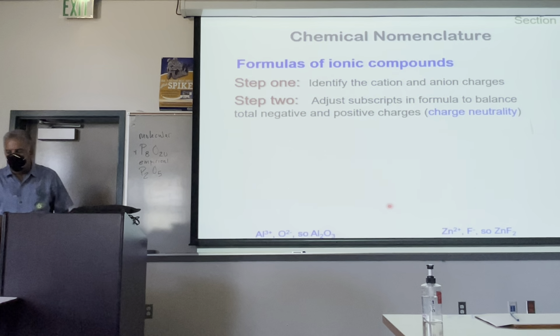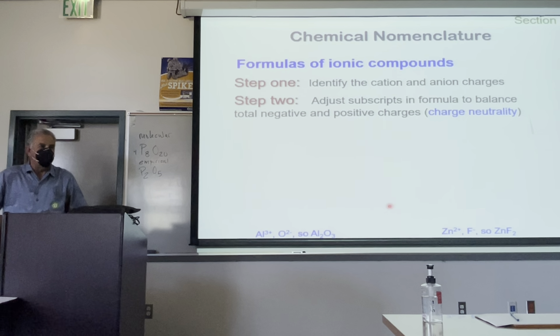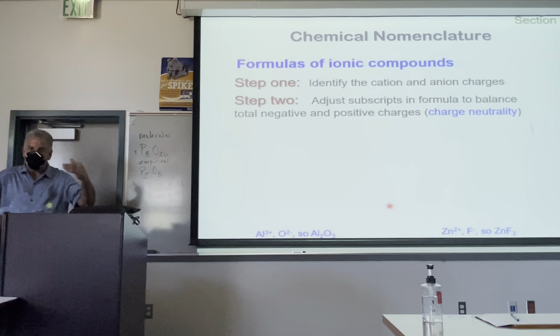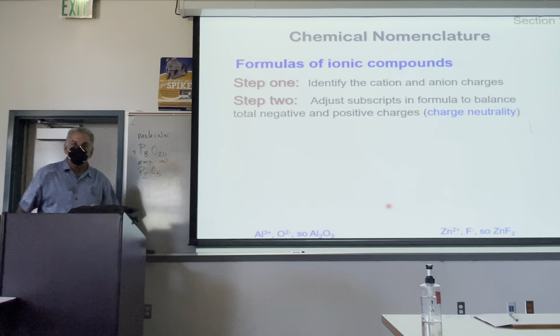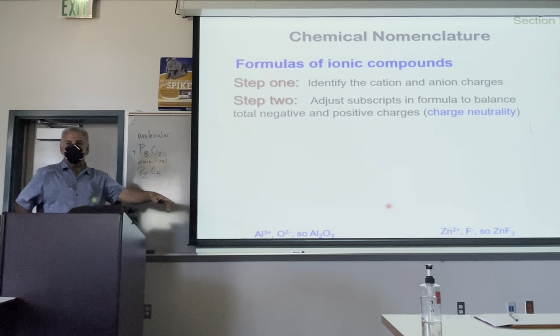Good. All right. Nomenclature. So we went over this in lab. Formulas of ionic compounds. Step 1, identify the cation and the anion charges. So if you haven't finished that lab, this is going to be helpful, because it's going to be a repeat of what we already talked about, which is always the best way to learn something. You hear it again and then you're like, oh, look, that's new.